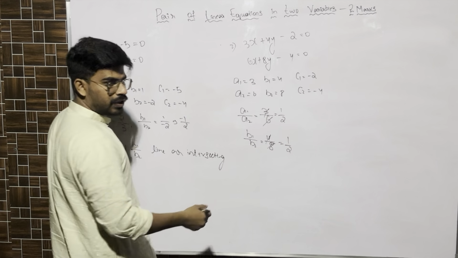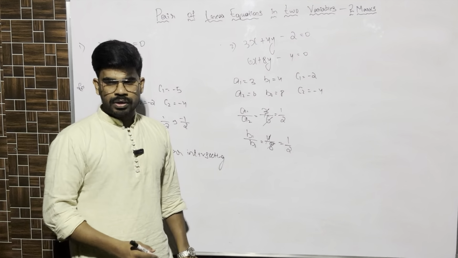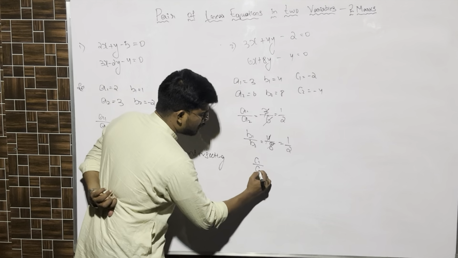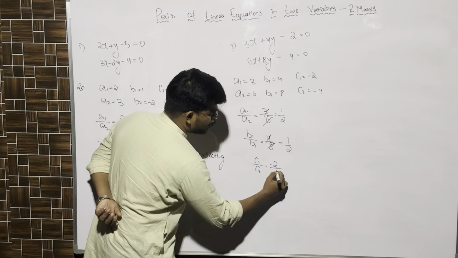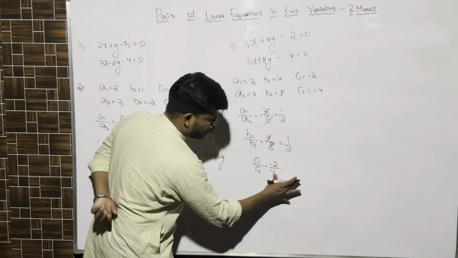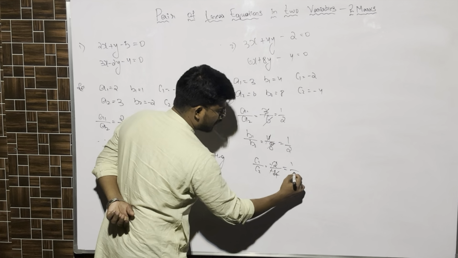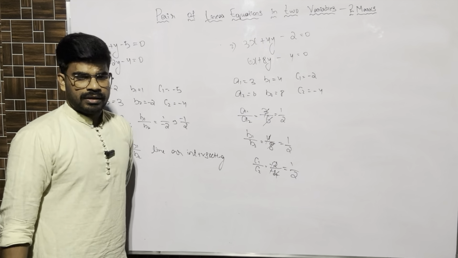If these two are equal, we have to check for the third also. If these two are not equal, we need not check c1 and c2. c1 by c2 is minus 2 by minus 4, minus minus cancel, so 2 by 4, which is 1 by 2.